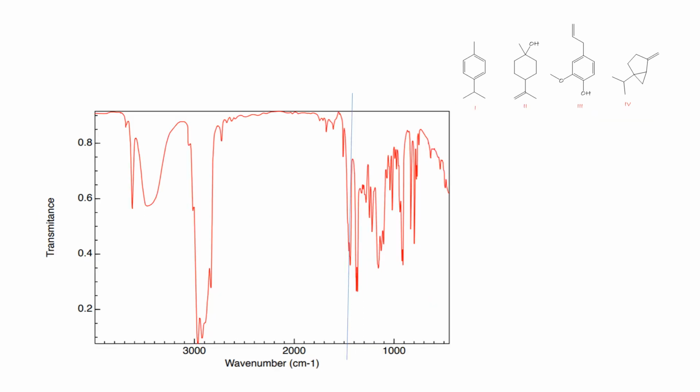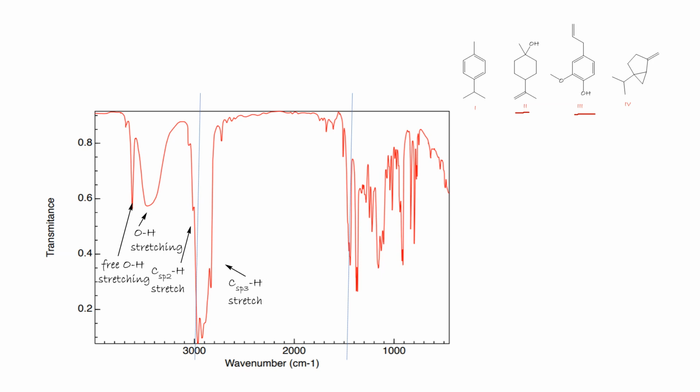This spectrum shows peak above 3000 for carbon sp2 H stretch, below 3000 for carbon sp3 H stretch. We have here a sharp peak for free OH stretch, and another one for the hydrogen bonded one. Well, if we have OH, then we are expecting structure 2 or structure 3.